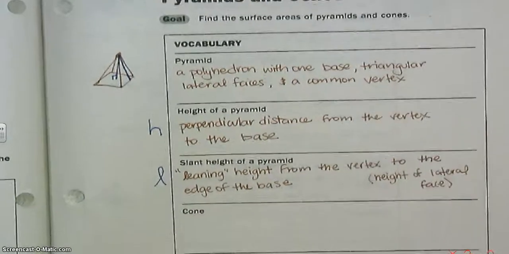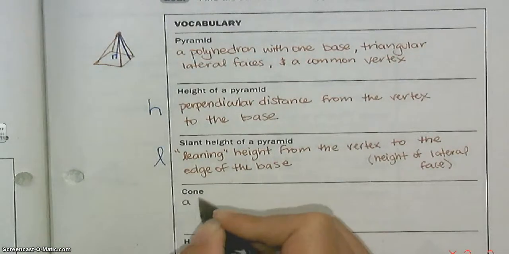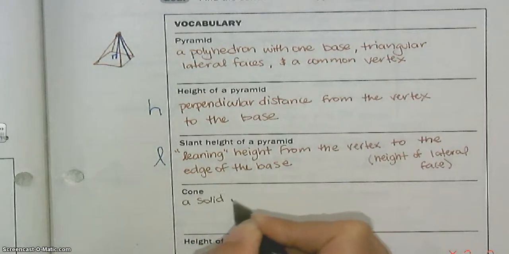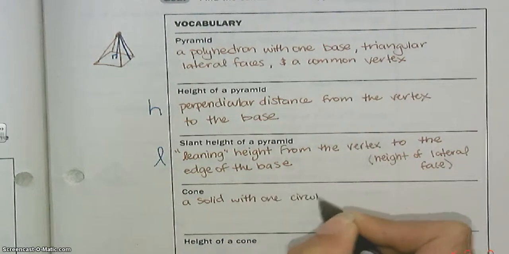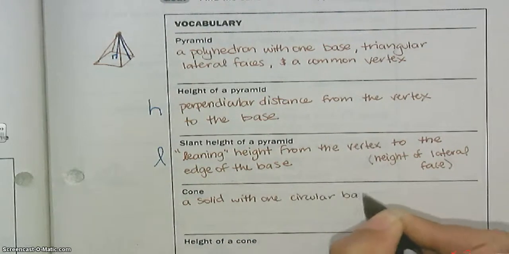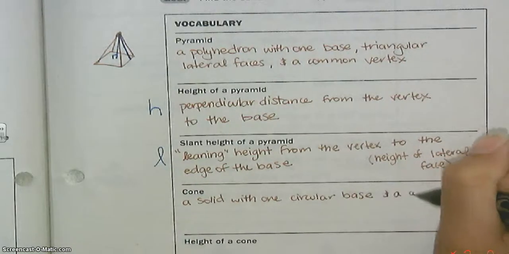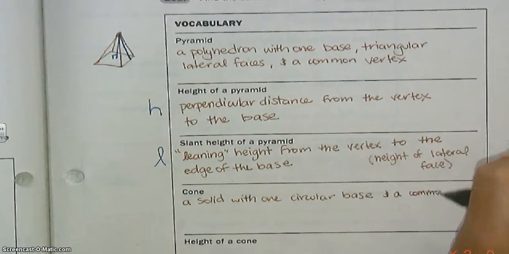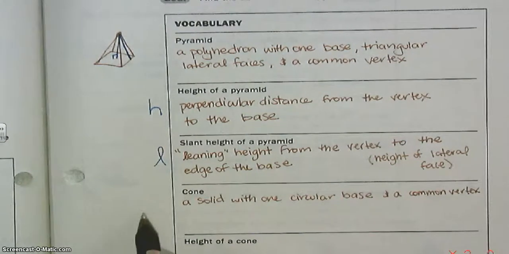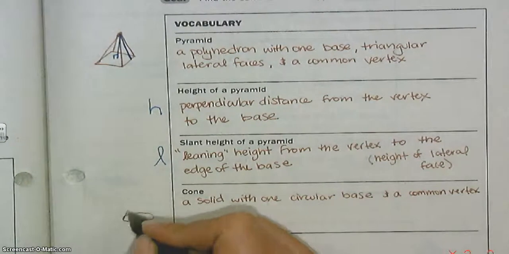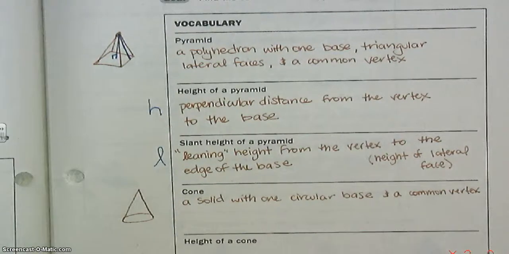A cone is not a polyhedron because it's curved. It's a solid with one circular base and a common vertex. So a cone's got a circular base. There's a common vertex right there.